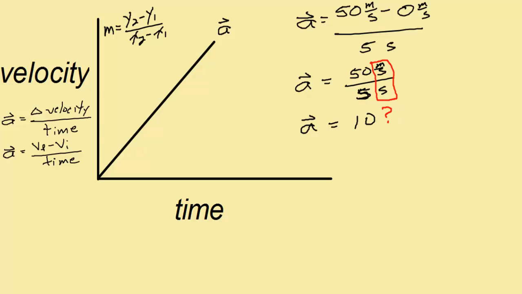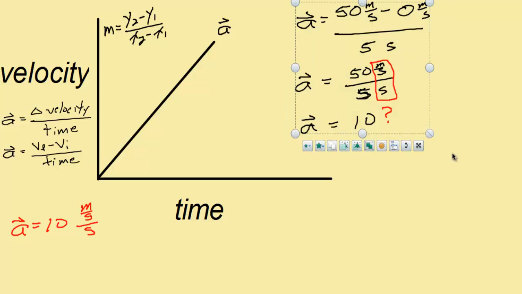I'm going to clear this out. Down here at the bottom, we're looking for the units for acceleration, that were 10 what? We've got meters per second over seconds, and that looks strange. So let's see if we can make a little better sense of that.